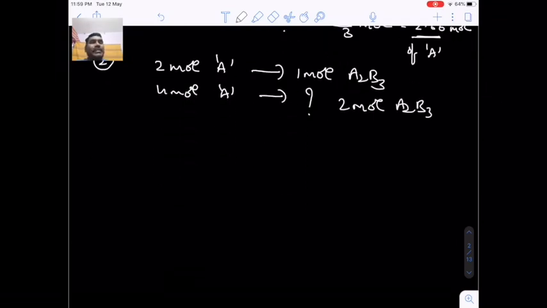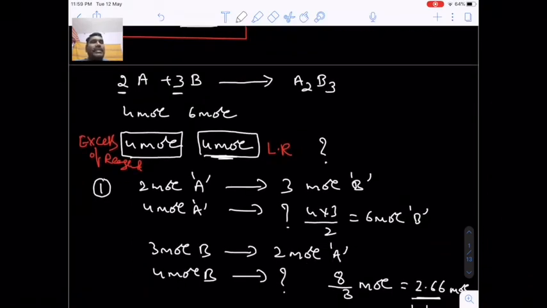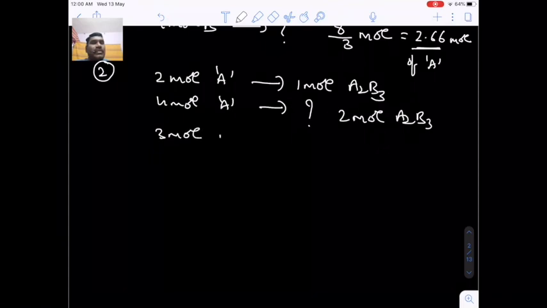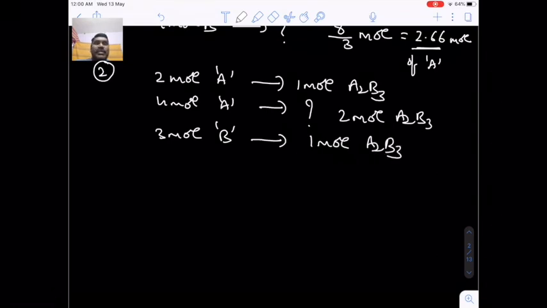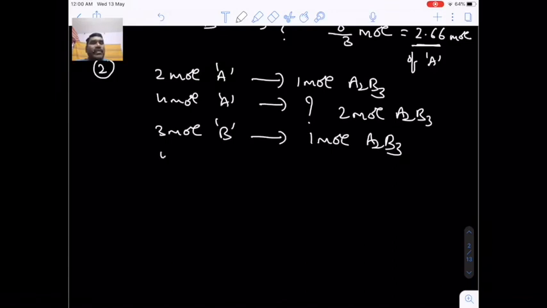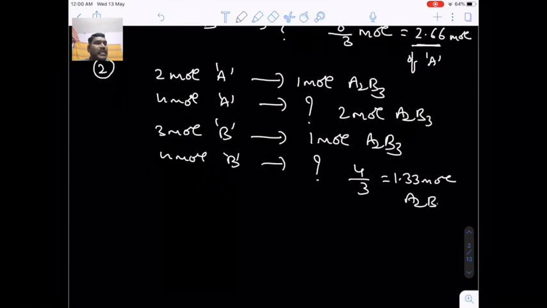Let's suppose we compare with B. 3 moles of B will give how many moles of product? 1 mole. Now B is given as 4 moles. From the 4 moles of B, how many moles of the product are obtained? 4 by 3 moles, that is 1.33 moles of A2B3.